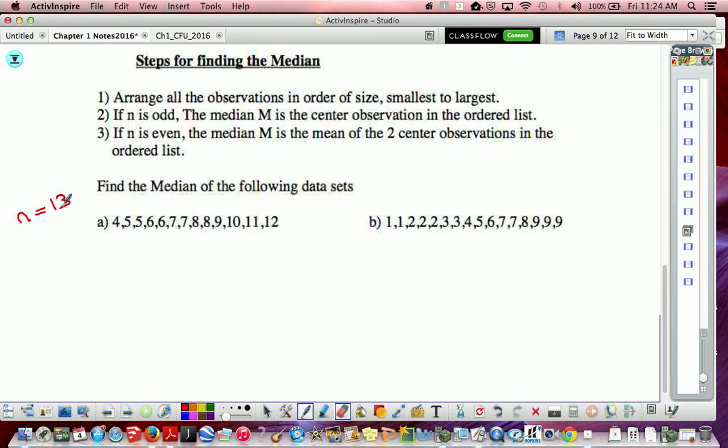Mathematically, how I do it is I take whatever n equals, add 1 to it, and divide by 2. And that tells me that it's the 7th term in the sequence. It's not 7, even though it's going to be in this case, but it's the 7th term. So I can start here, 1, 2, 3, 4, 5, 6, 7. So it's this specific value, because notice how I have 6 data points to the left, and 6 data points to the right.